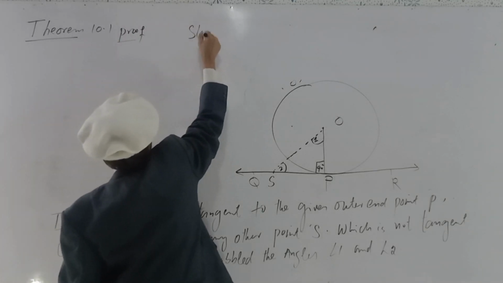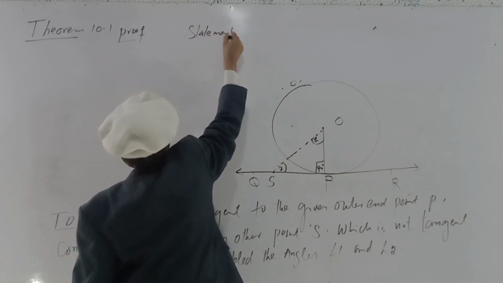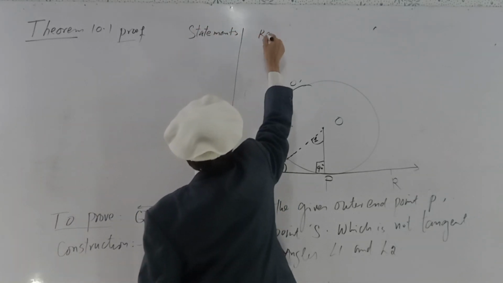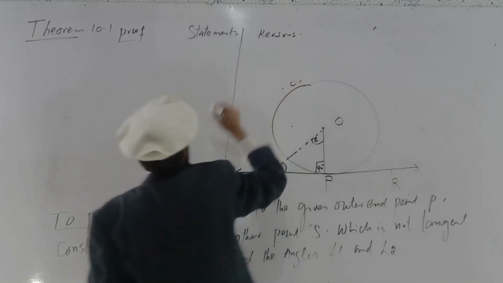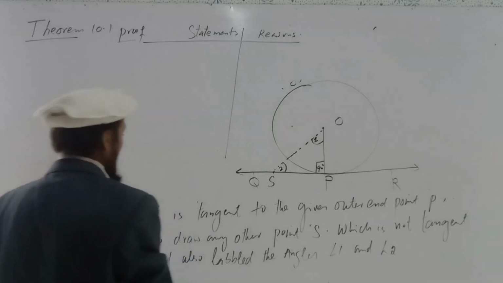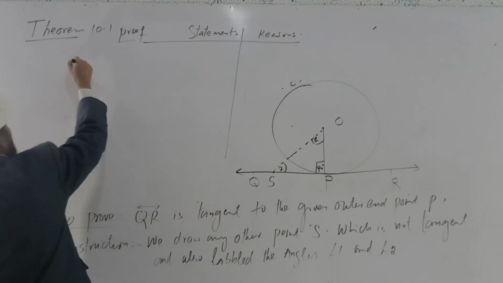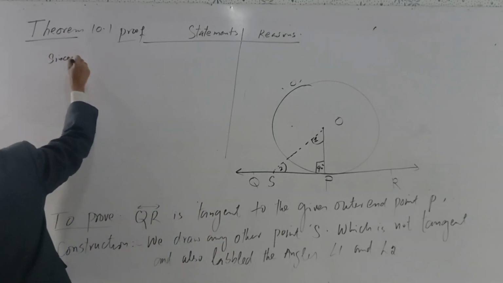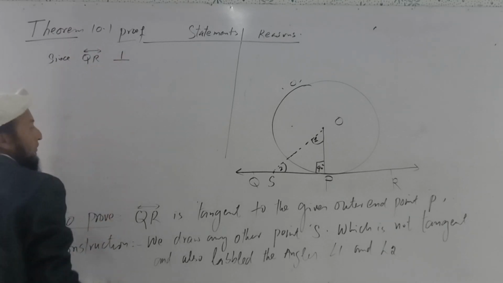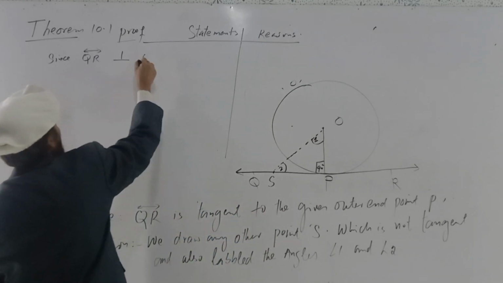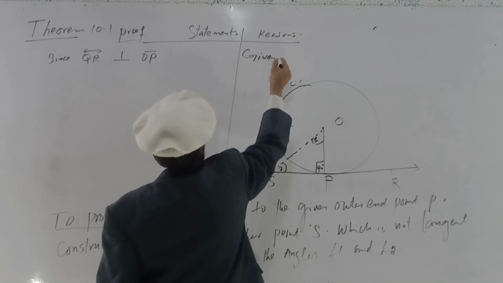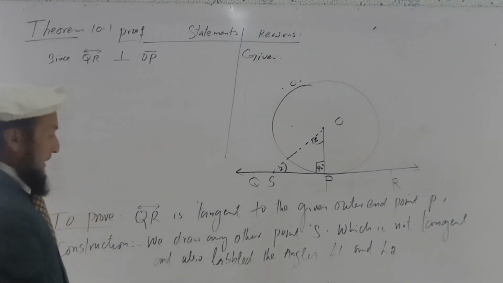Statements and reasons. Since the line QR is perpendicular to OP, that is already given in the statement.